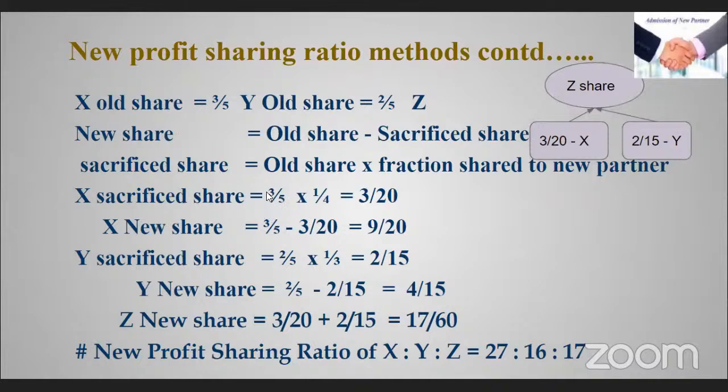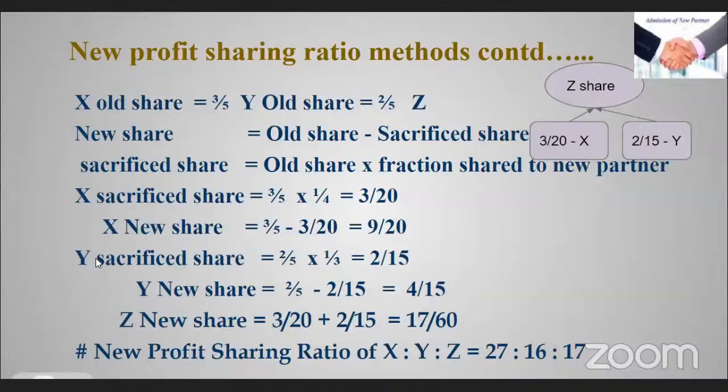When you multiply two fractions like 3/5 and 1/4, you multiply numerators and denominators directly. But when you are doing either addition or subtraction of two fractions, you need to do the LCM. So when you do 3/5 minus 3/20, the final answer you get is 9/20. Okay.